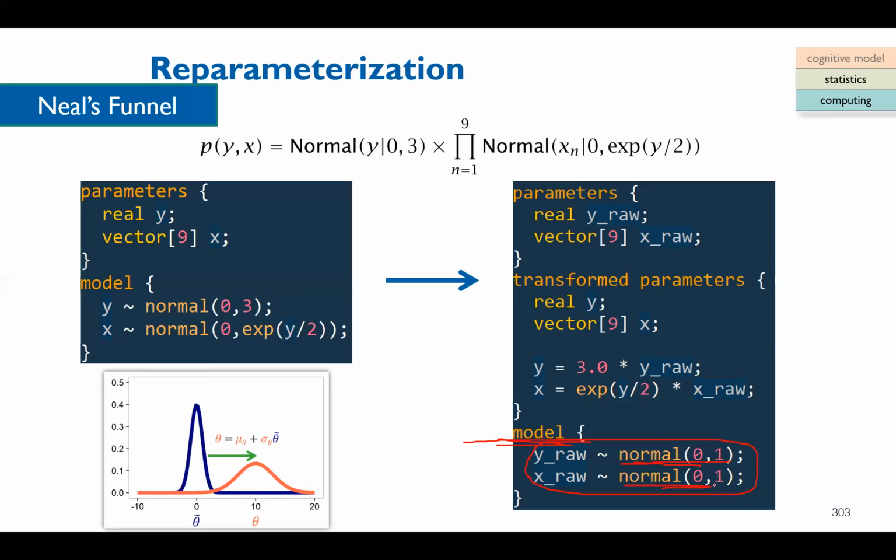So in the model block, we have the unit normal distribution. But again, recall, we are not interested in the unit normal distribution per se. We're interested in something else. And this something else, x and y, is expressed in relation to the simpler language. So unit normal multiplied with 3 is the original y. Unit normal multiplied with e to the power y over 2 is the original x. Okay? In the original version, the MCMC would sample directly from these 2 distributions which are not unit.